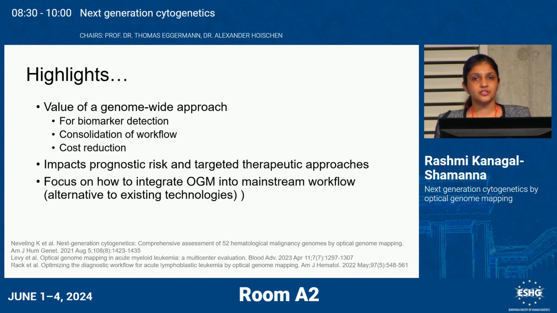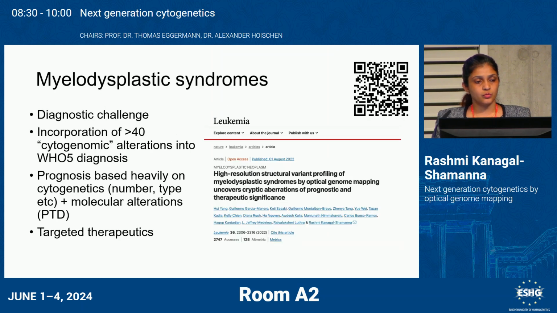So there is tons of data out there highlighting the value of OGM, and the efforts are focused on how OGM fits in with the other existing standard of care workflows. In fact, we've shown this with myelodysplastic syndromes.